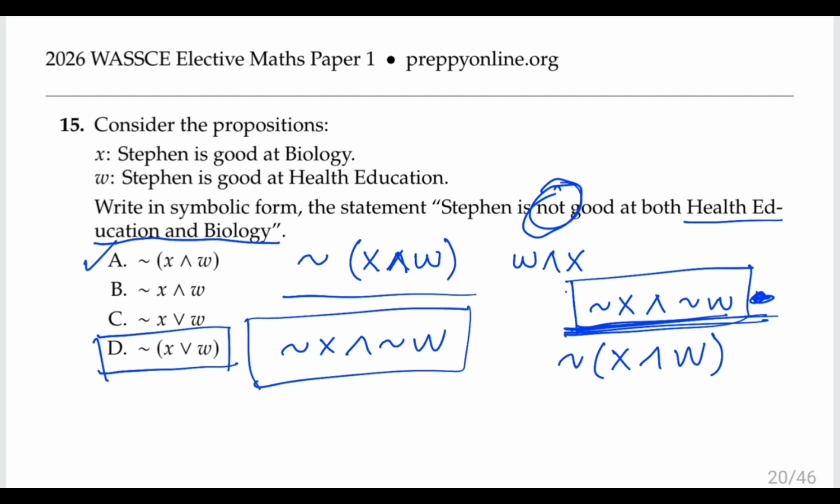So, if you're a student who knows De Morgan's laws and you also have this problem with how to interpret this, because in ordinary spoken English, you could interpret this to mean that he's not good at health education and he's not good at biology. But I think what the examiners mean here is that it is not the case.